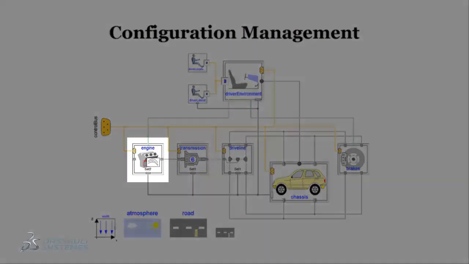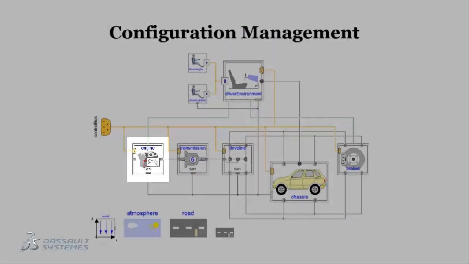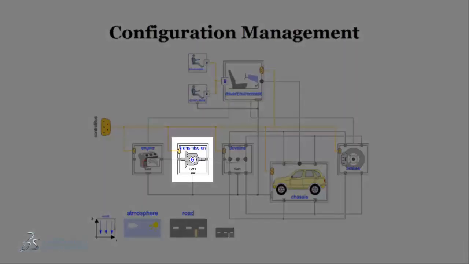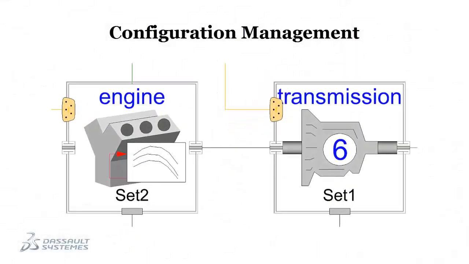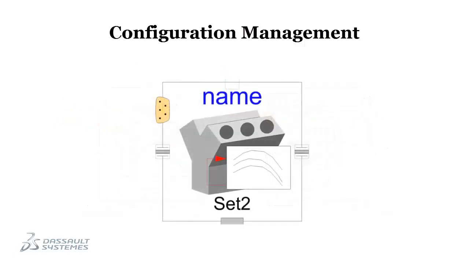One group might be responsible for building engine models, while another is responsible for building transmission models. Modelica allows us to formally define the interface for both the engine and the transmission. By formally defining these interfaces, each team can work from this interface specification to design models that can then be easily integrated. But these same interfaces are also the cornerstone to improved configuration management.